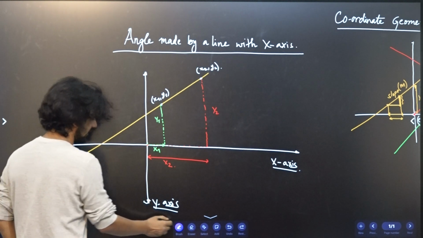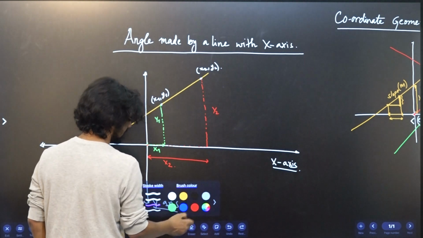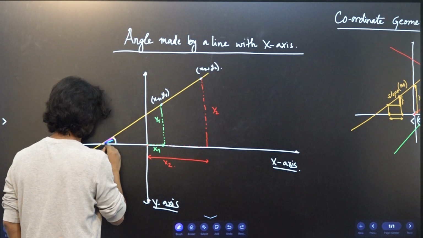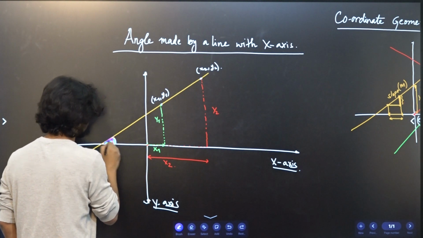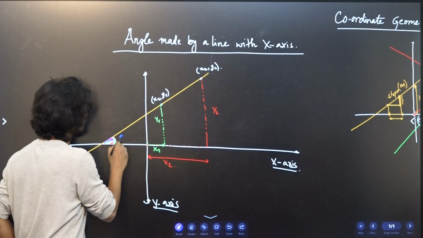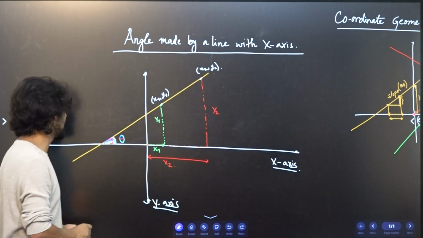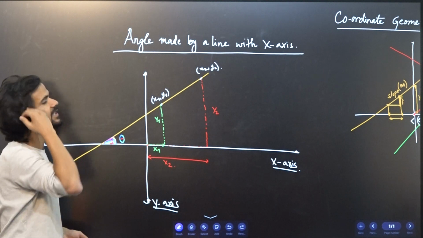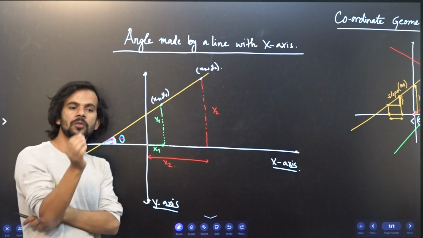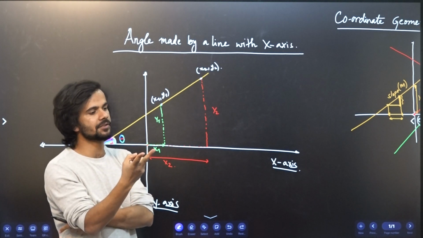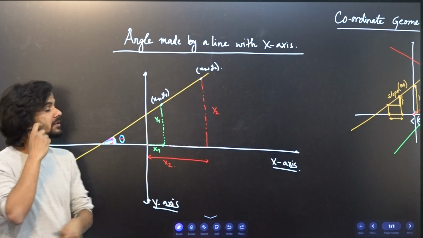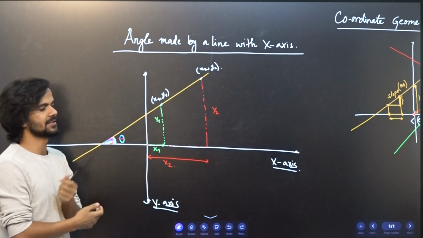So this is the angle that I am interested in, and let's say this is theta. This is what I want to find. I have been given a line, on the line I have 2 points, and I want to find the angle made by the line with the x-axis.